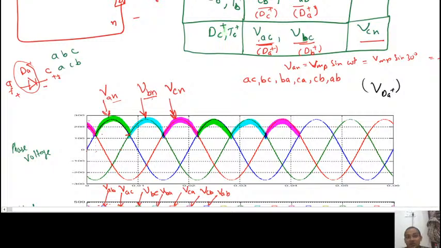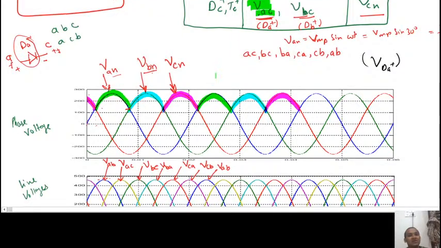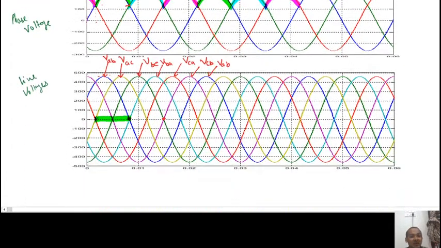But when B was conducting, the voltage across A was different, and when C was conducting, the voltage across A was different. So you have to be very careful with this. When B was conducting, the voltage across A was VAB. So we have to mark VAB, and this obviously must be negative.